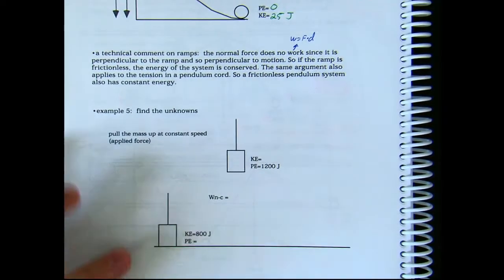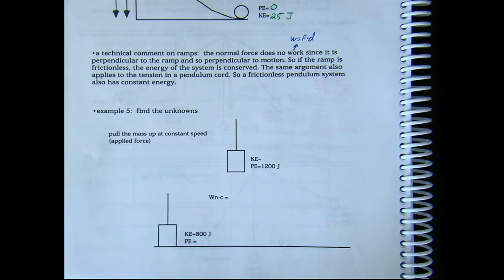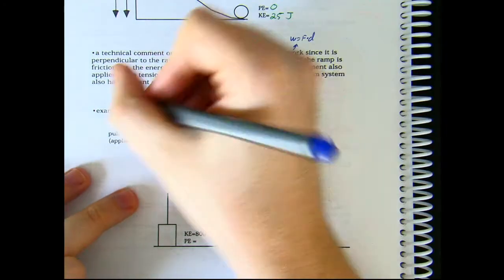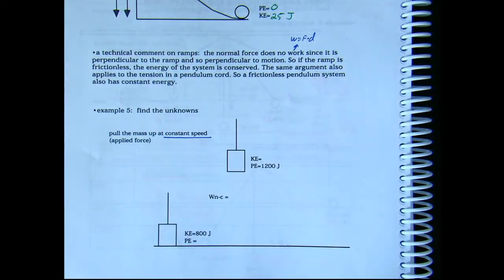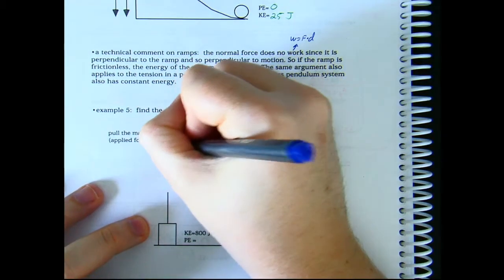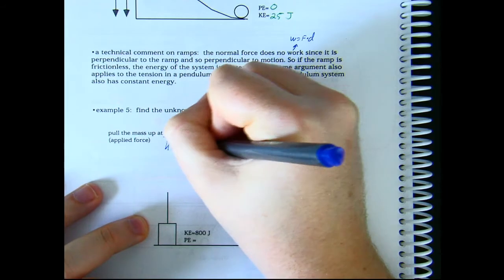Let's look at example 5 here. If I've got an object being raised, and in this case we're told the mass is being pulled up at a constant speed, we want to know what the energy is here. Constant speed implies that the kinetic energy is constant.